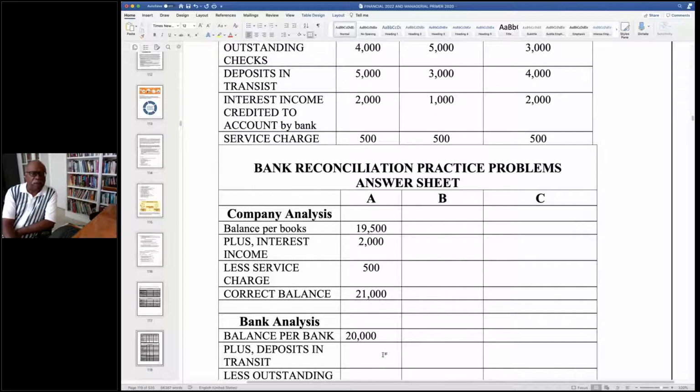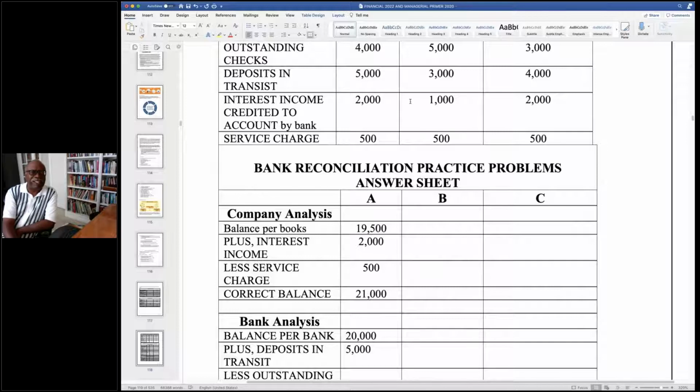We're going to add what? Deposit in transit, 5,000. The bank doesn't have it. It's 18,000? Well, Huntsberry, you're doing well, but it's got to be the same as this number here.